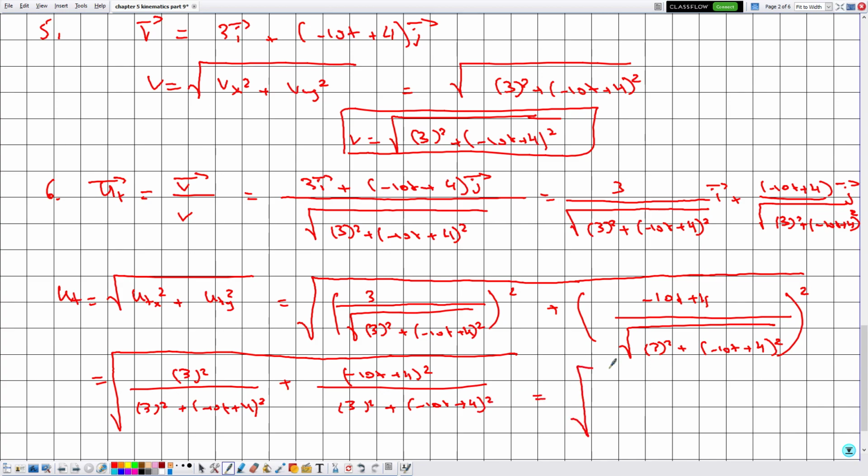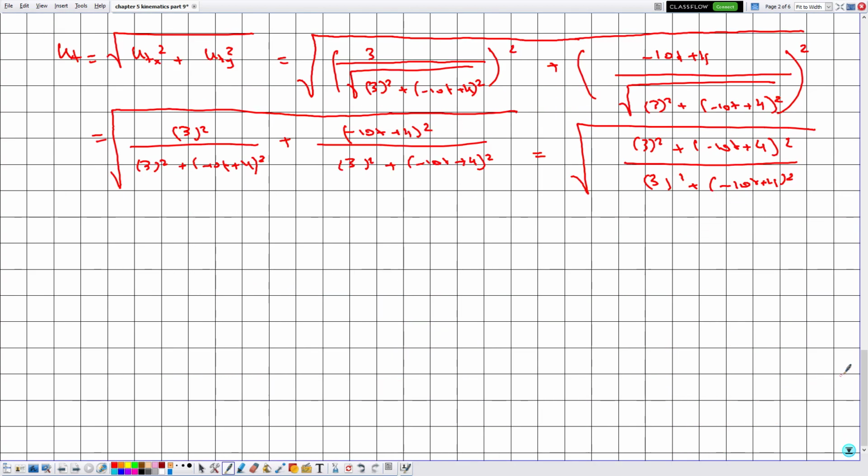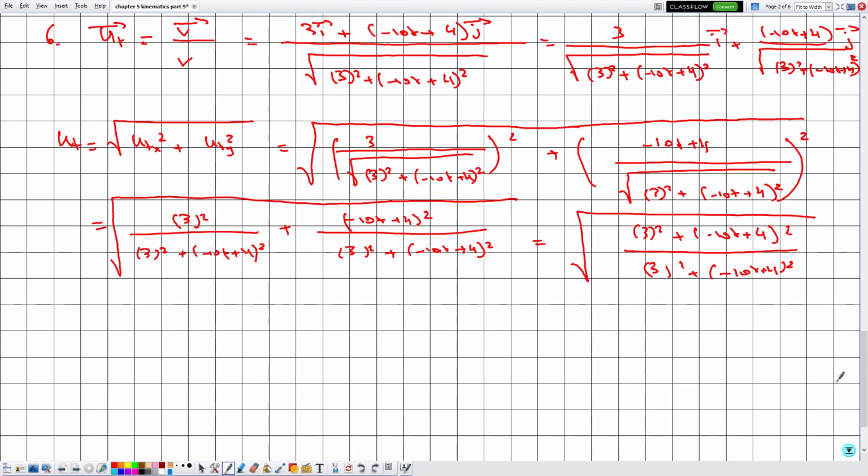Notice that these 2 fractions have the same denominator, so we can add the numerators, and independent of the value of time, the numerator is equal to the denominator. So the value of this fraction is equal to the square root of 1, which is equal to 1.